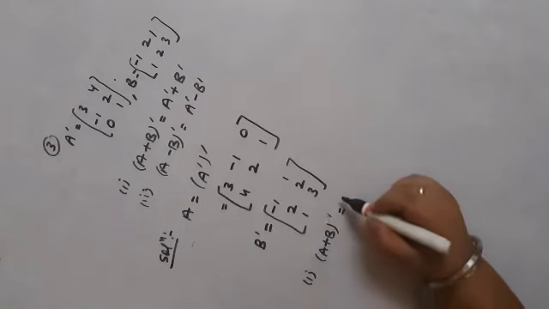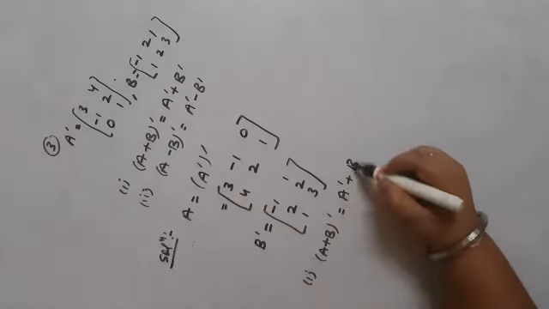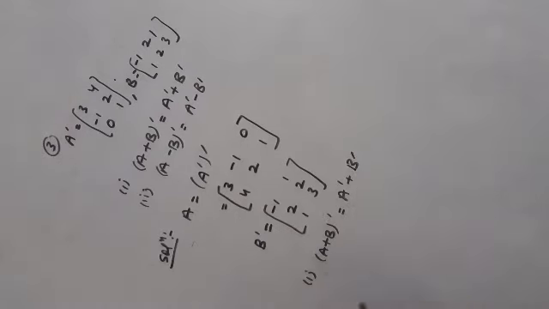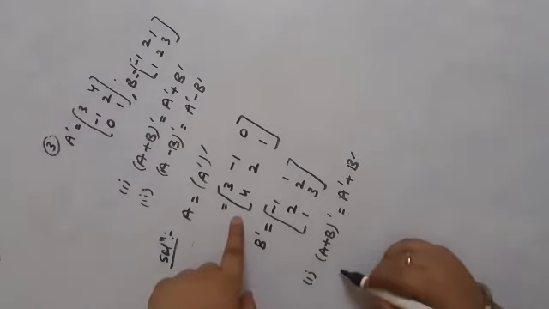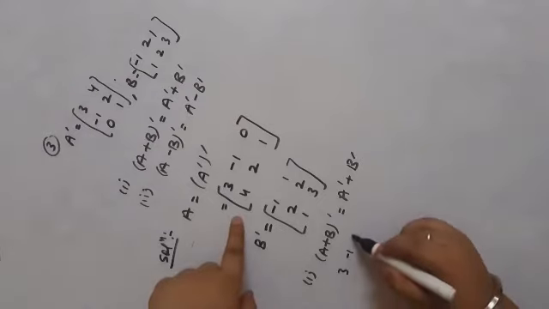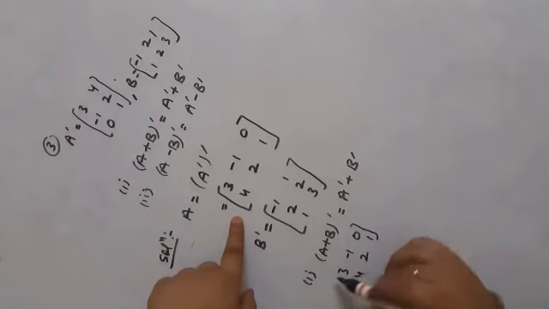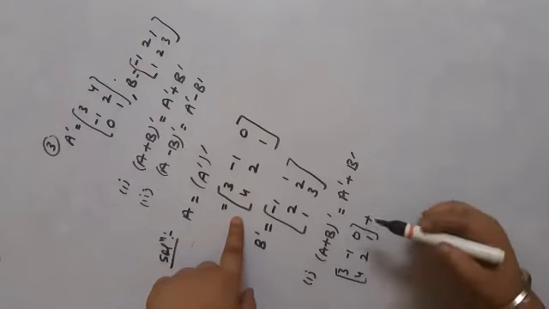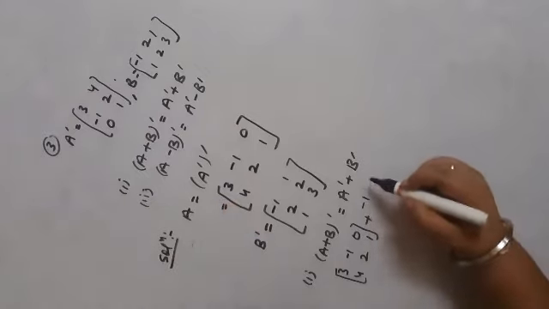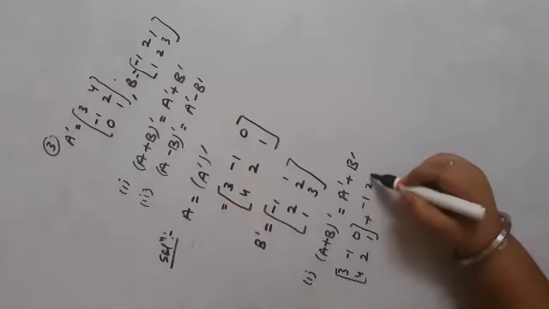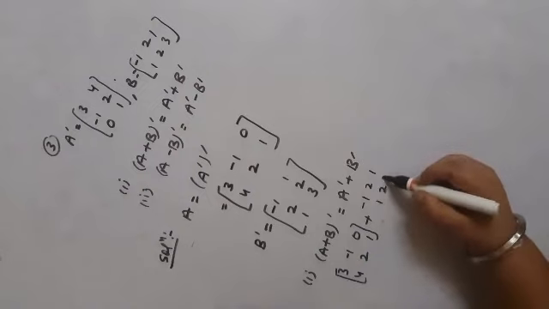Now our first part is A plus B whole transpose equals A transpose plus B transpose. Now A plus B, A is 3 minus 1 0 4 2 1, and B is minus 1 2 1 1 2 3.